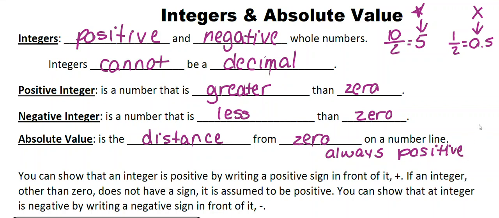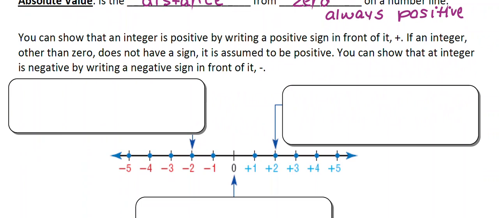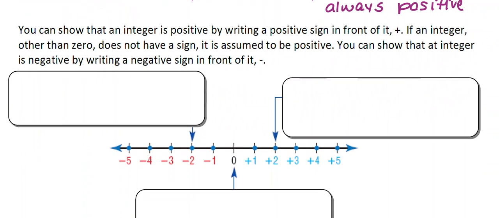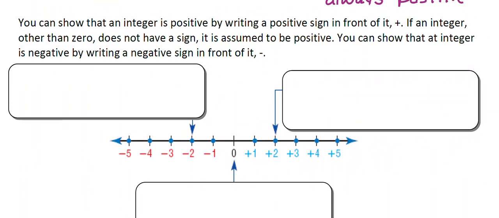Okay, so let's look at some integers. You can show that an integer is positive by writing a plus sign in front of it, or you can show it is greater than 0 if it just doesn't have a sign. Think back to elementary school, the number 3 that you've worked with since kindergarten. The number 3 is technically assumed to be a positive number. Now you show that a number is negative by writing a negative sign in front of it.